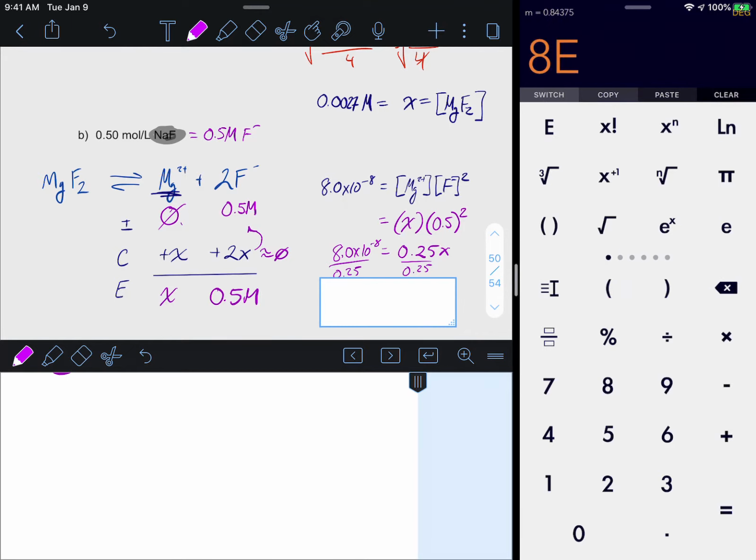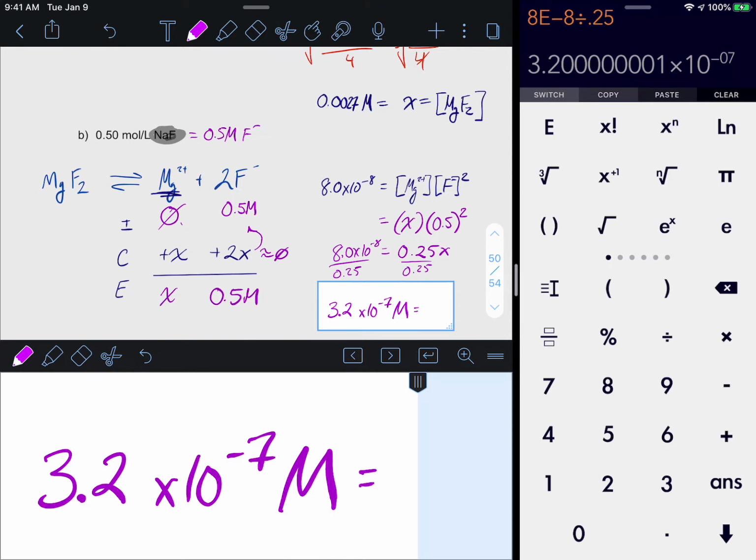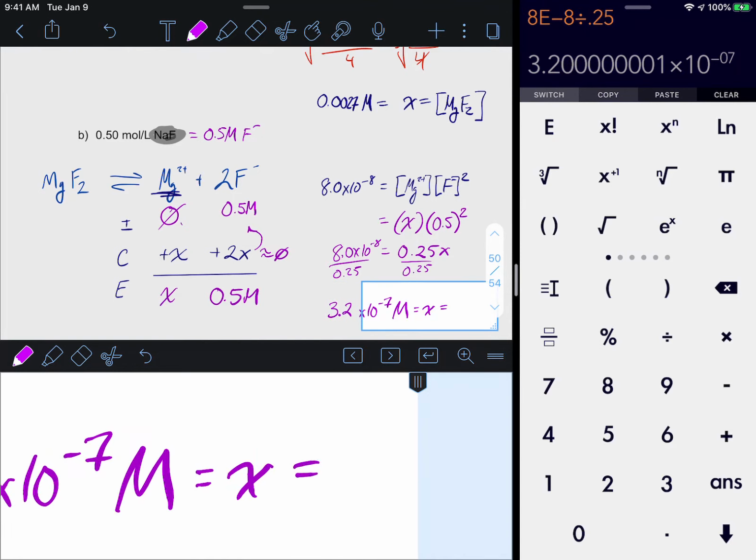So 8e negative 8 divided by 0.25 is 3.2 times 10 to the negative 7, and that's going to be the molarity of x, which in this case is equal to the molarity of magnesium fluoride.